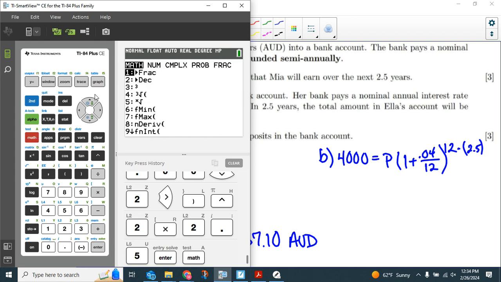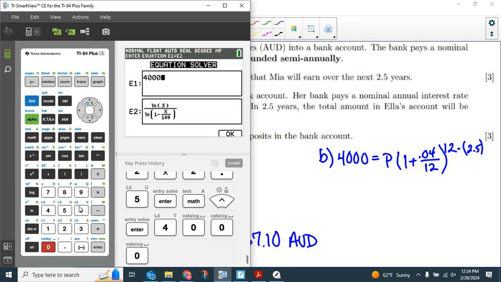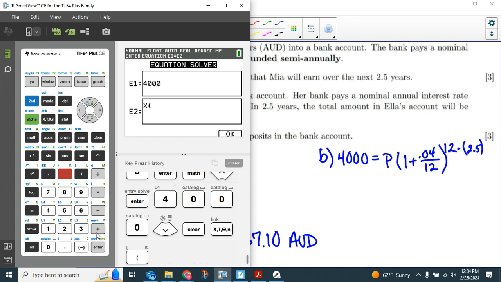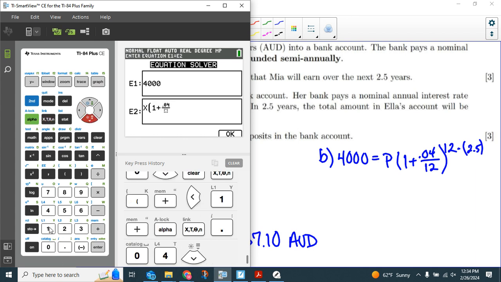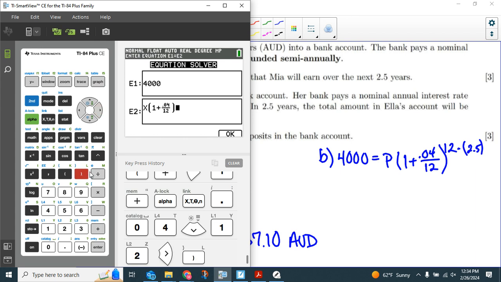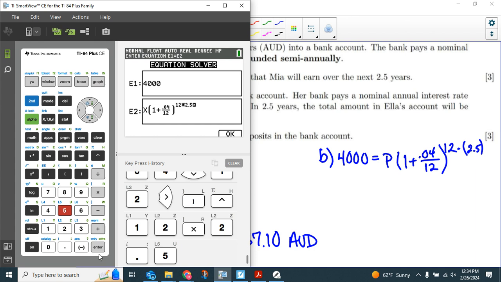All right, so math up. Here we will just have 4,000. Here we will have x times 1 plus 0.04 over 12 raised to the 12 times 2.5 power.